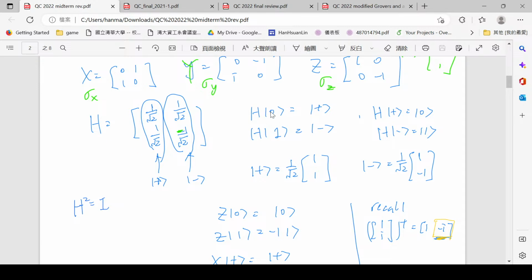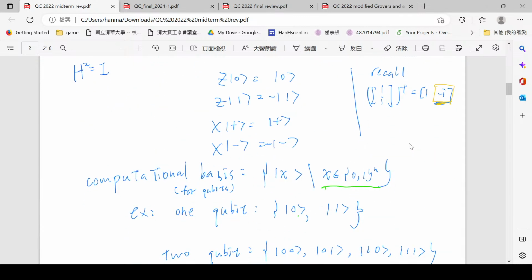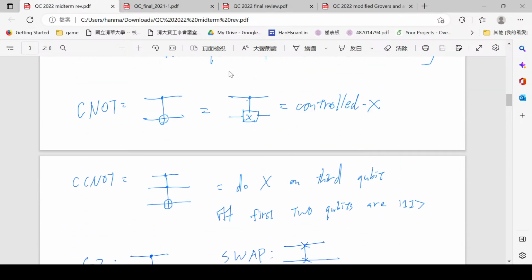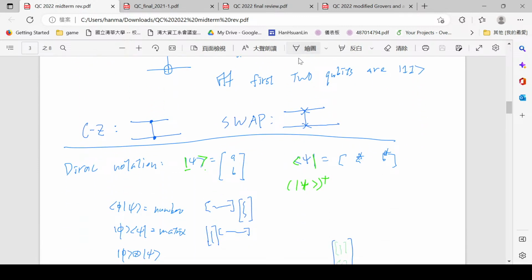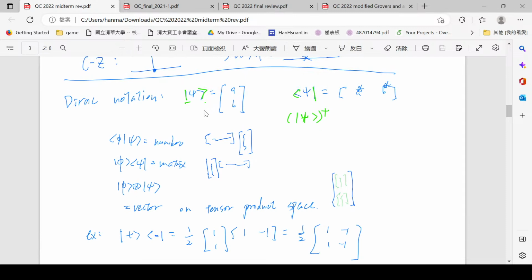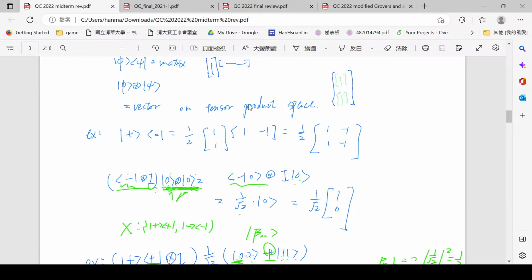So you put the Hadamard on the eigenstate of z, you become an eigenstate of x. On the eigenstate of x, become an eigenstate of z, etc. And there is CNOT, which is a very classical gate, but you can think about how it works quantumly. And we use this Dirac notation and the ket and bra, you should be very familiar.